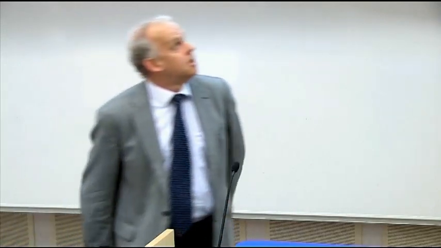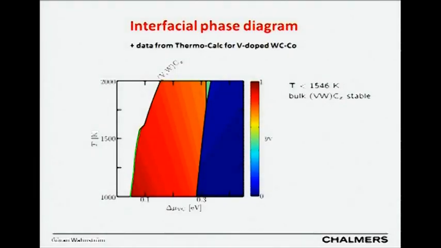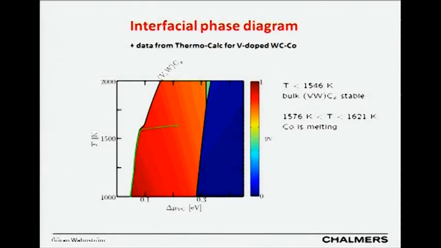Now we can see, can we tailor applications? For instance, if you take a mixture and heat it, you can use Thermo-Calc to calculate the chemical potentials, and then you can see where you are in this phase diagram. Here, if you go up to 1546 Kelvin, the bulk phase is still stable, and you see this little green line following the stability line. But after that temperature, it becomes unstable. Cobalt also starts to melt, and it has melted at 1621 Kelvin.